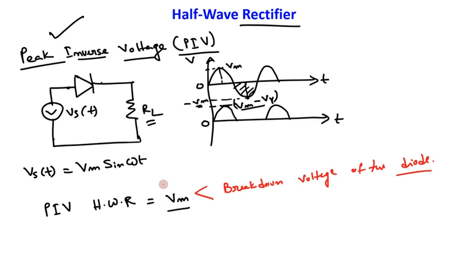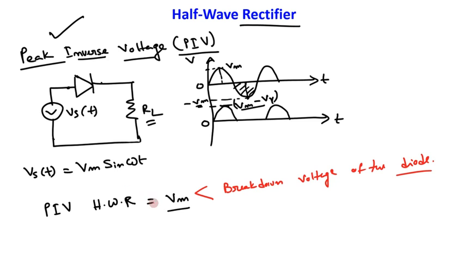Because this diode has to withstand this voltage every time it goes to reverse bias, and if the diode's breakdown voltage is lower than this Vm, then what will happen? The diode will break down, during the reverse bias only, and we don't want that.